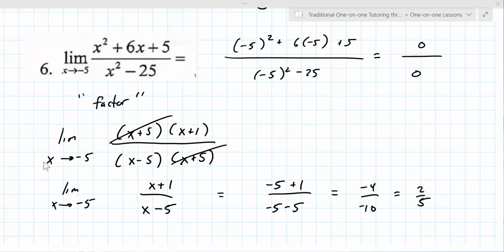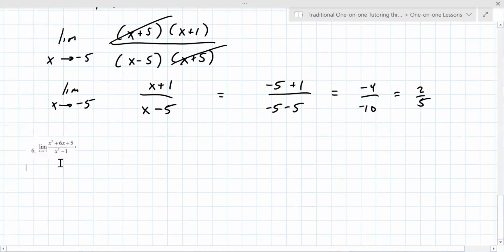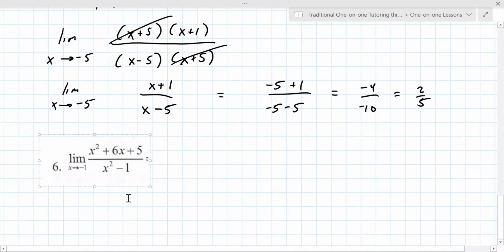When they give you a number, never just plug it in. Well, you can try, you should try. Sometimes it does work, but you should be prepared that it won't help you. So give that one a try, please.